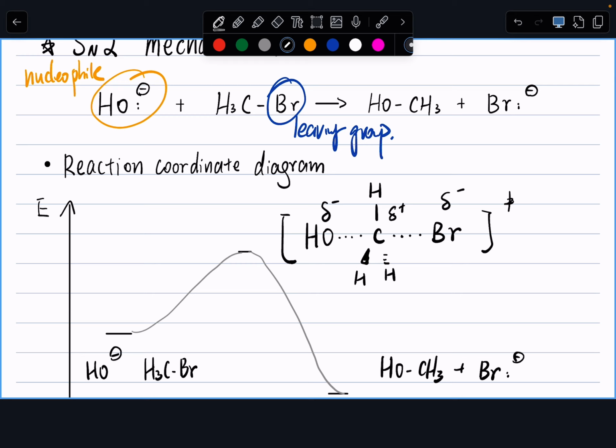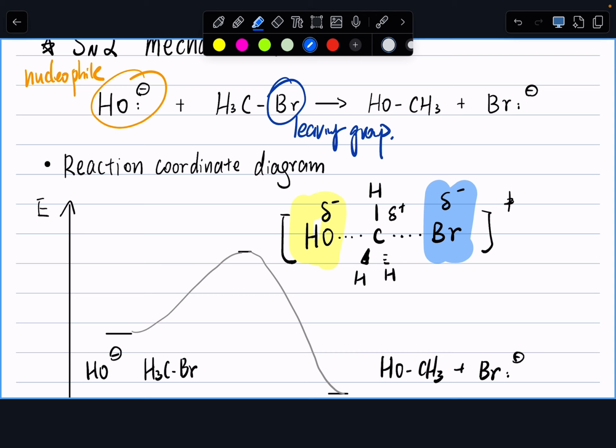So what do we learn by observing this concerted reaction mechanism? One of the obvious conclusions we can make is that my nucleophile, or my OH group in this case, will always be on the opposite side compared to my leaving group.